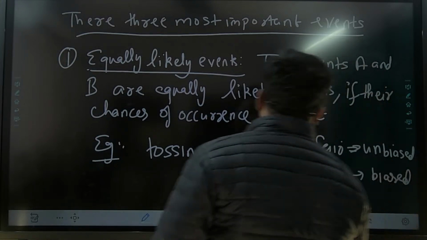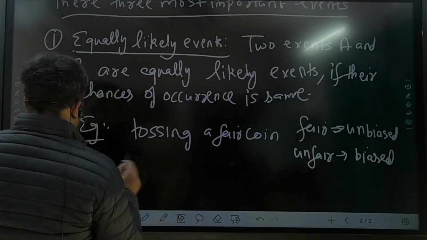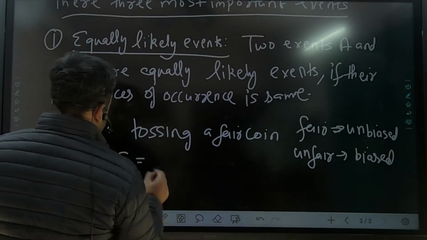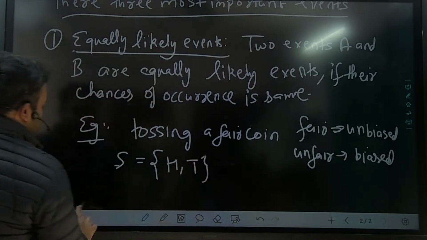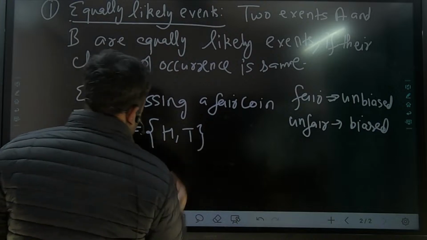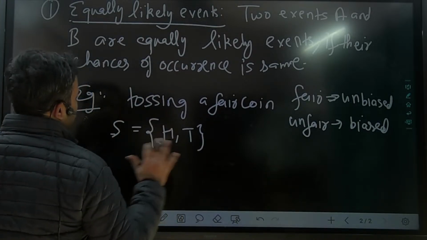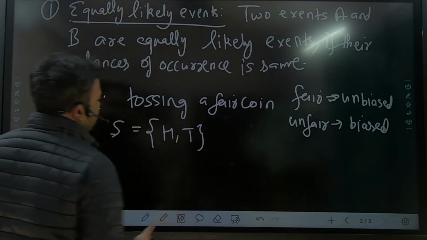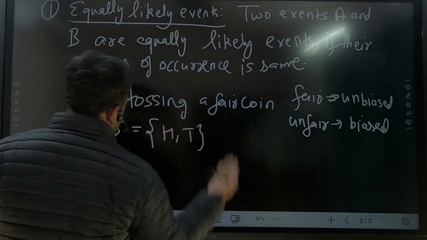Now suppose I toss a coin, I can get at the max head or tail only. Which one will come, I don't know. But these are the only possibilities left with me. The sample space tells me the total possible things which can come out in a random experiment. So I can get head or tail, nothing else.